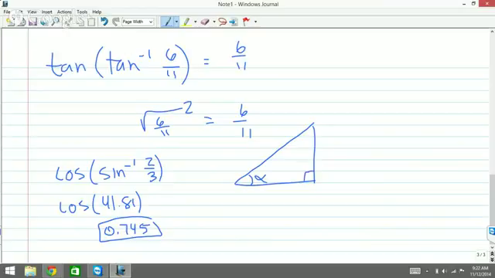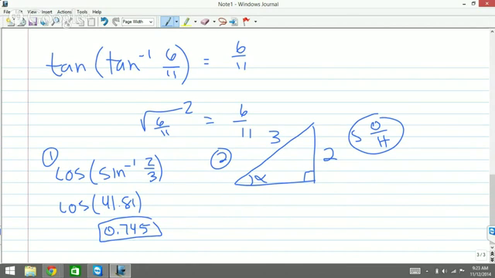Here's how to do it. This is method 2. Without decimals. Sine is opposite over hypotenuse, right? So opposite is 2, hypotenuse is 3. So we put 2/3 in opposite and hypotenuse.